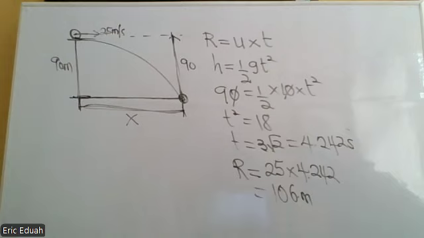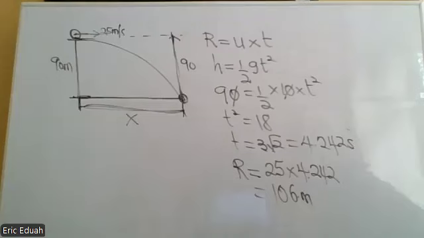Determine the value of x. And clearly, x is the range because from the diagram, the ball is on the ground, and x will be the total horizontal distance covered.